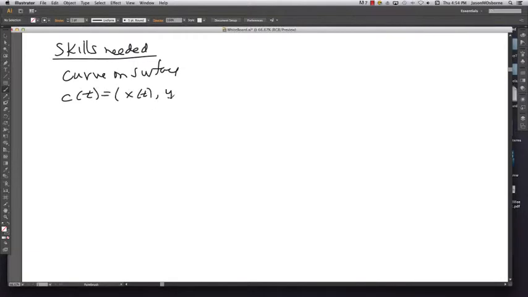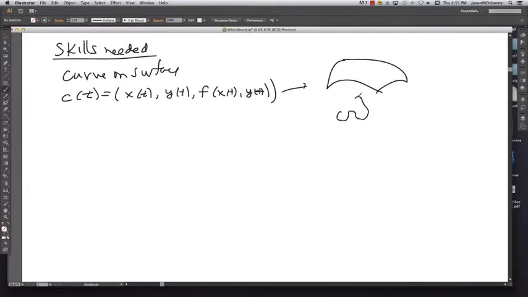You pick your favorite x of t, your favorite y of t, and then you have your function f of x of t, y of t. And there is your curve on your surface. So this is the picture, and we won't need anything quite this complicated. You pick some crazy curve down here, your x of t, y of t.